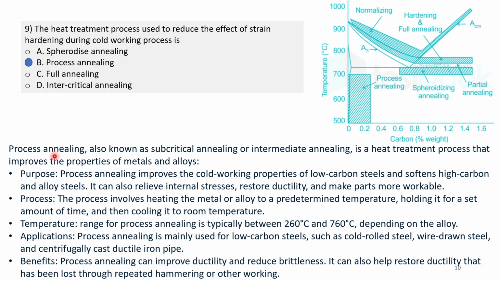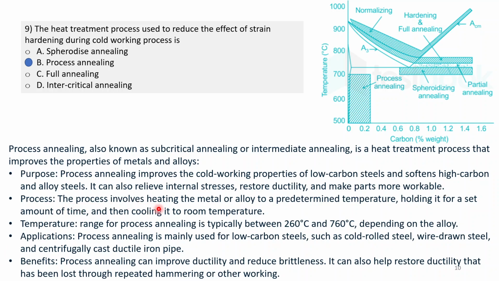Okay, so process annealing, also known as subcritical annealing or intermediate annealing, is a heat treatment process which improves the properties of metals and alloys. Its purpose is to improve the cold working properties of low carbon steels and soften high carbon and alloy steels. It can also relieve internal stresses, restore ductility and make parts more workable.